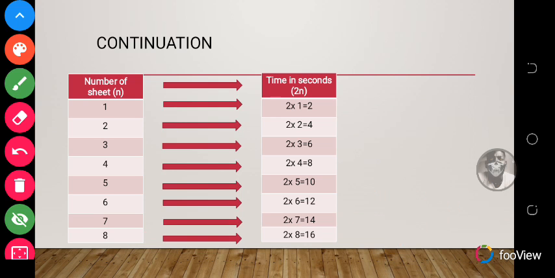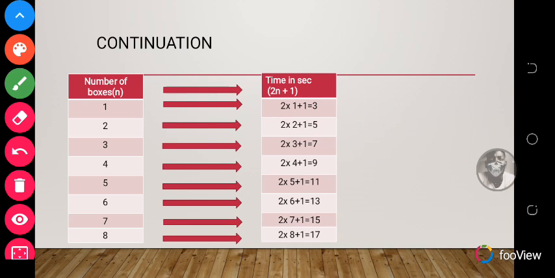Okay, so the general rule for finding the time in seconds when you know the number of sheets is simply 2n, meaning that number of sheets is related to time in seconds with the general rule of 2n.